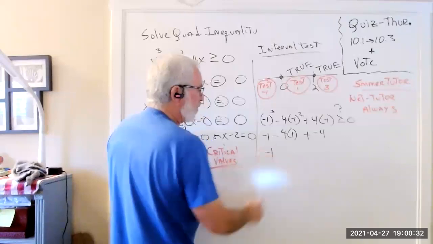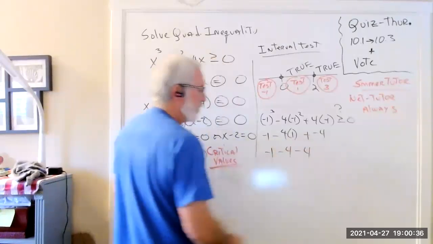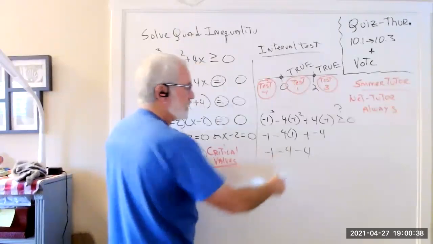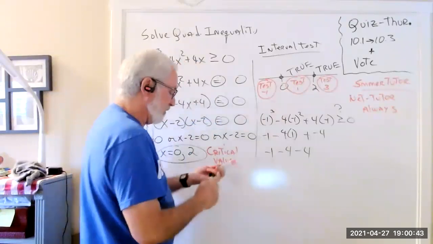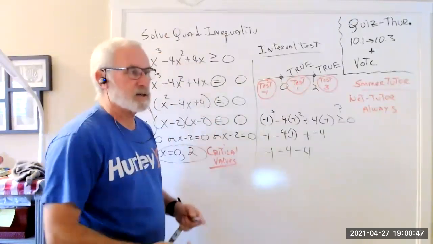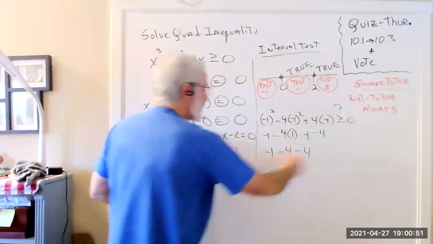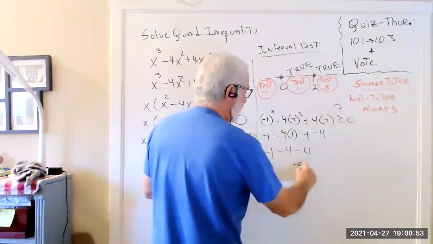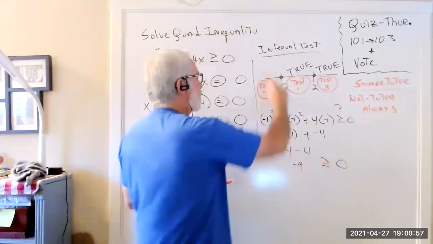So this is -1 minus 4 minus another 4. Notice this goes way back to chapters 1 and 2 when we had to practice all of our math with positive and negative numbers. This works out to be -9. Is -9 greater than or equal to 0? False.